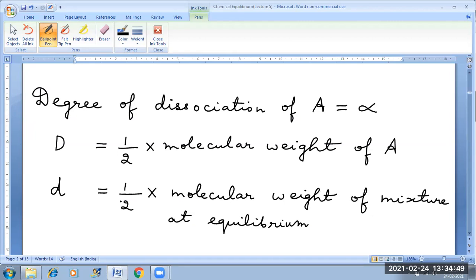The mixture comprises A, B, as well as C. So vapor density is half of molecular weight. That is what we have to use.